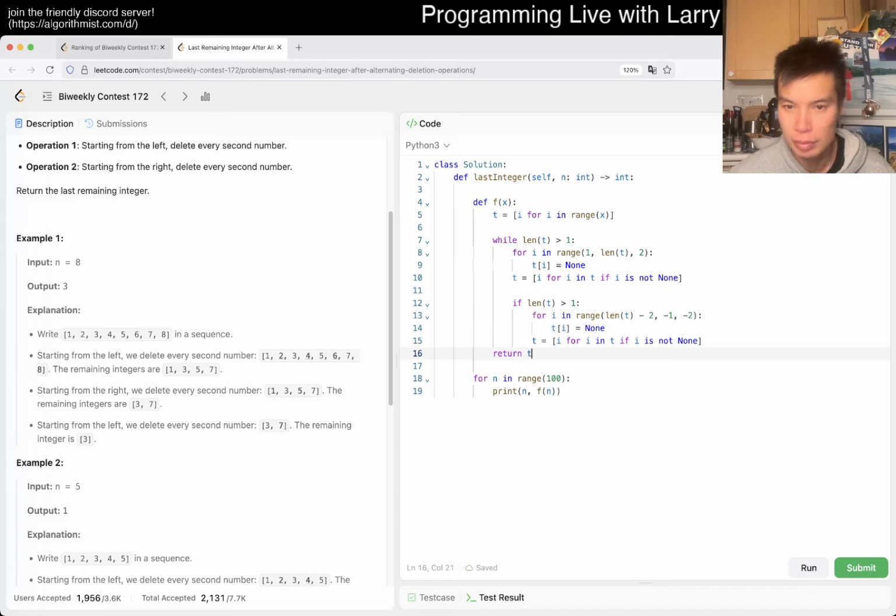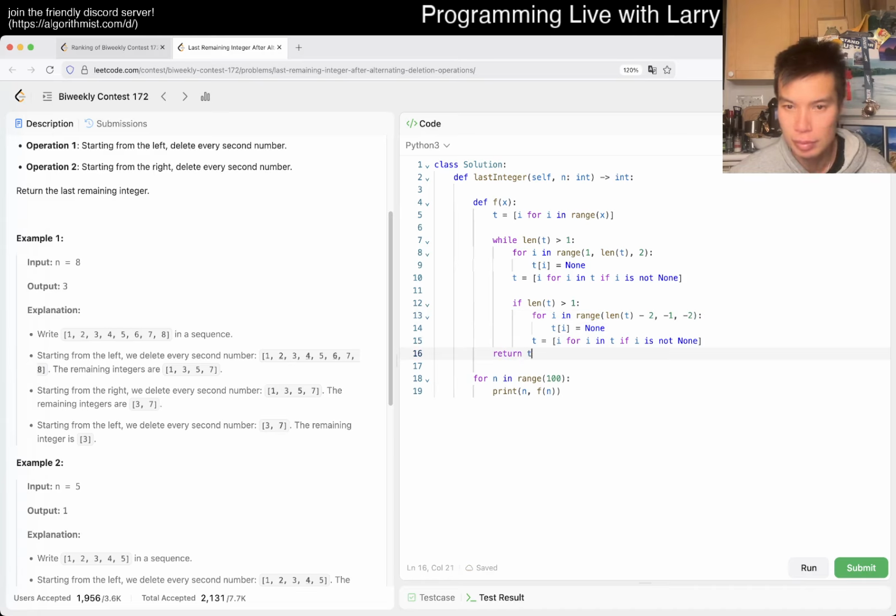But with 5, maybe I need to draw it out a little bit somewhere. So with 5, okay. Something like this, right?